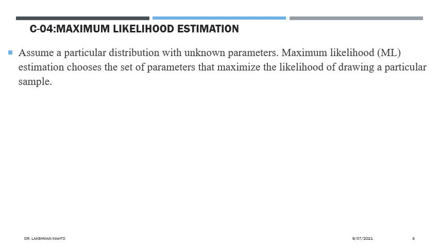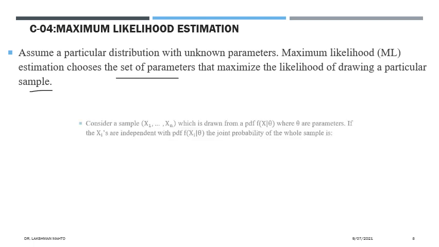Maximum likelihood estimation chooses the set of parameters that maximizes the likelihood of drawing a particular sample from that distribution, that is, the likelihood that the data is coming from that particular distribution.